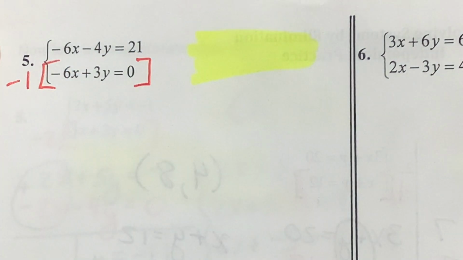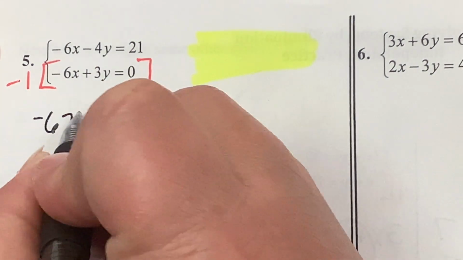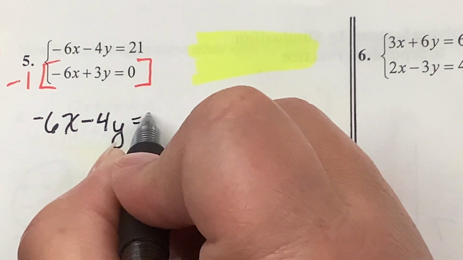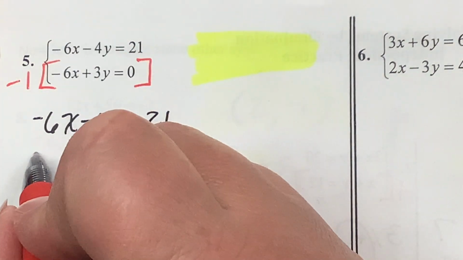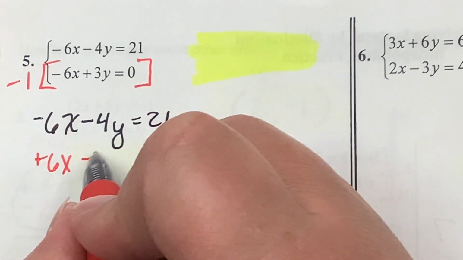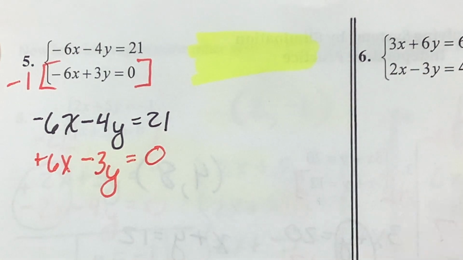So I'll keep the top equation, negative 6x minus 4y equals 21. And I'll multiply times negative 1 on the second one. Negative times negative is positive 6x. Negative times positive, negative 3y. And anything times 0 is 0.